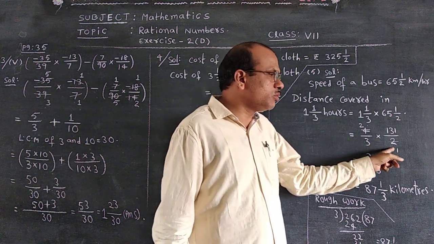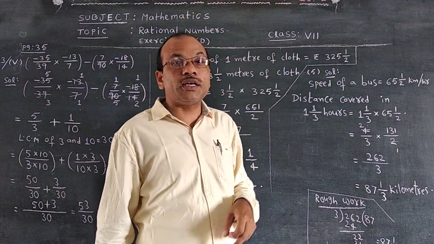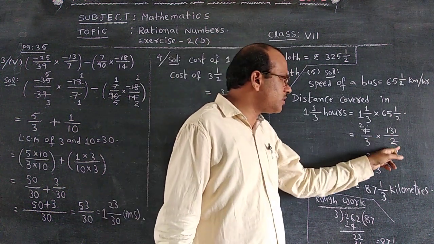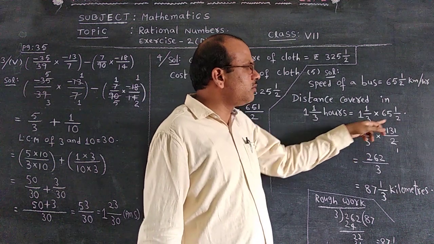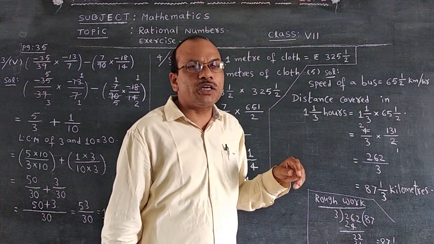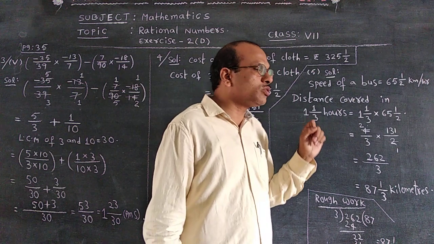Now 4 and 2 have a common table, that is the 2 table. 2 1s are 2, 2 2s are 4, cancellation. Now 3 and 131 won't have any common table to cancel. 3 and 2 also won't have.